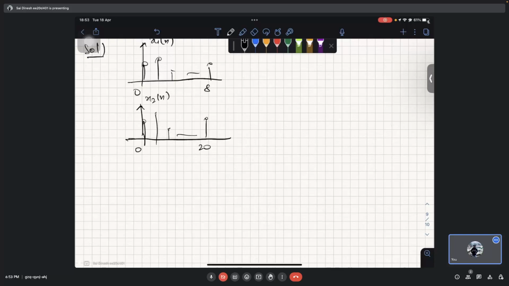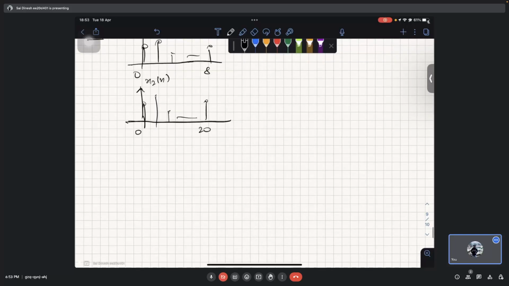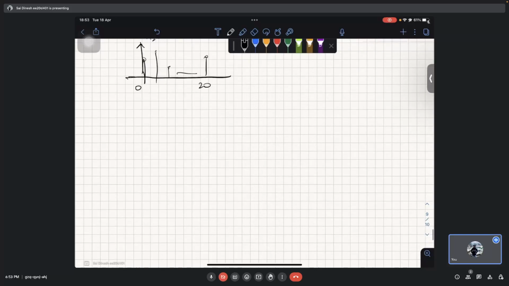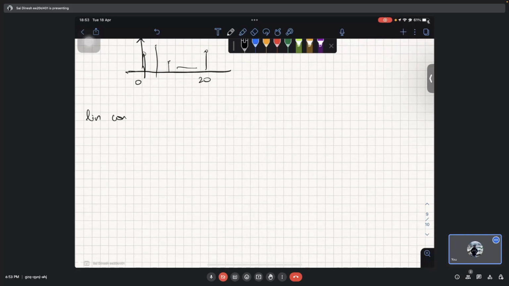So now linear convolution means y of n is equal to sum of x1 of m, x2 of n minus m over all m.